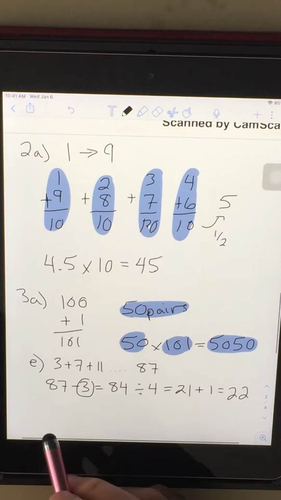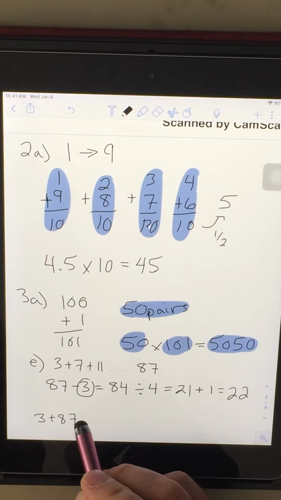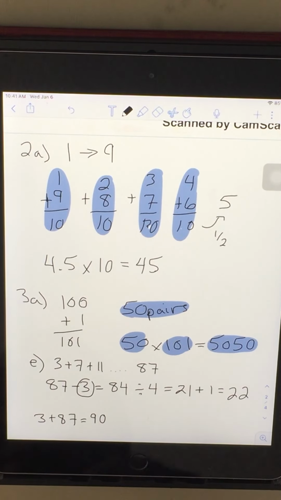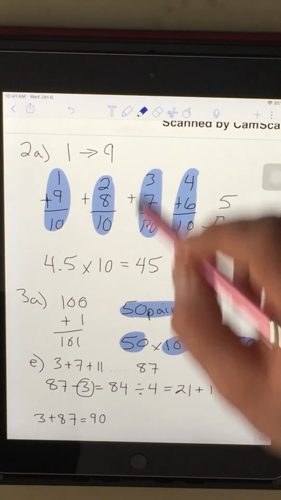Well, now we pair them up. 3 plus 87 is going to equal 90. Same with 7 plus 83, and we could work our way down the list, but the sum of the pairs is 90.